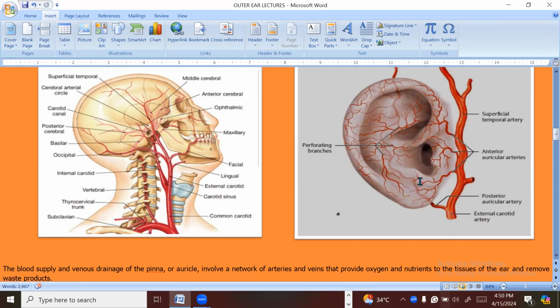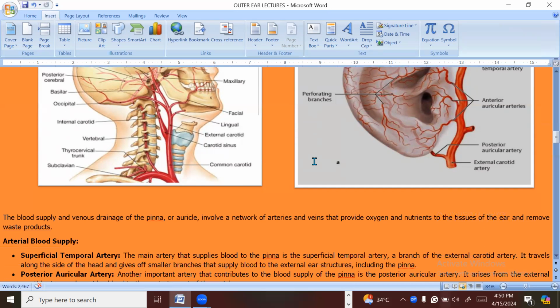Look at it here. It supplies even the external auditory canal. It supplies the crus of the helix, whereas the posterior auricular artery supplies other parts of the ear.